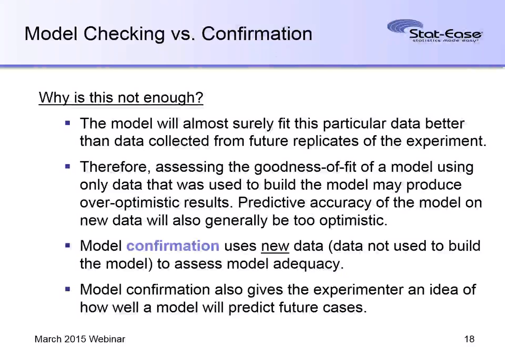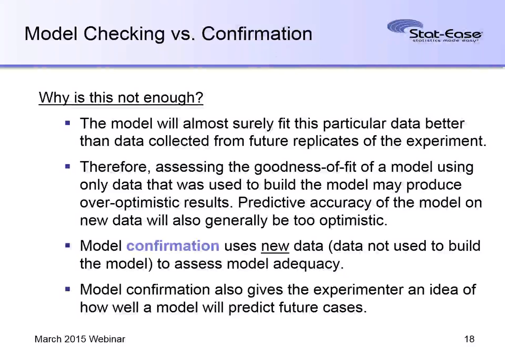Well, first of all, if this engineer goes and repeats this entire experiment, let's say in the next year, the model that I just fit a few minutes ago will probably not fit that new data as well as it fits this current data.